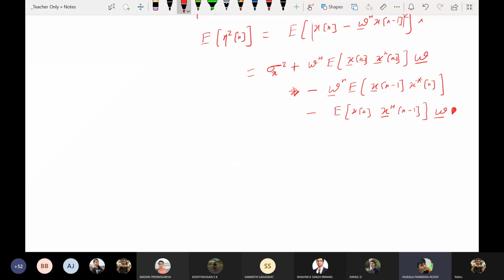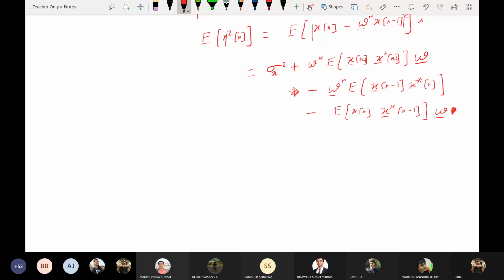Sir, but you told yesterday that this n minus 1 and n wouldn't matter because it's white. Yes, this is white, stationary, so it won't matter. But just for correctness, right now it should be n minus 1. Had this been a written exam, I won't have minded at all.